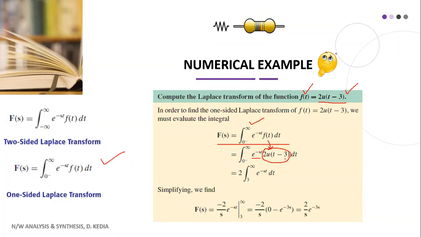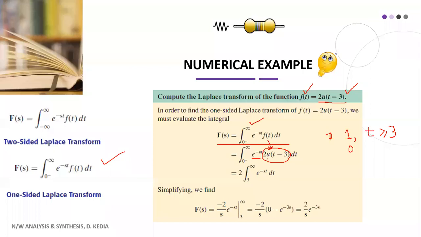So we know u(t) is equal to 1 for t greater than 0. Here we have u(t minus 3). So how do we define u(t minus 3)? It is equal to 1 for t greater than or equal to 3, and it will be 0 otherwise.